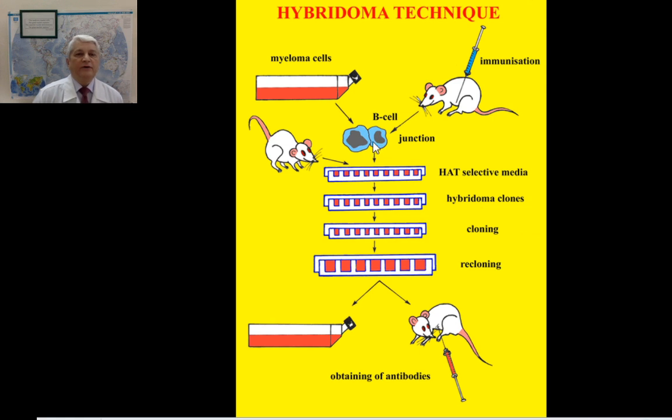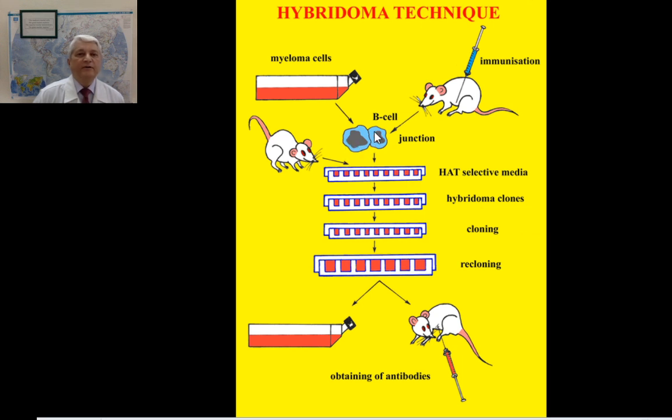Finally, as we used a lot of cells, we have many hybrids, and also some B cells which were not fused, and some malignant tumor cells which were not fused and are still living separately.